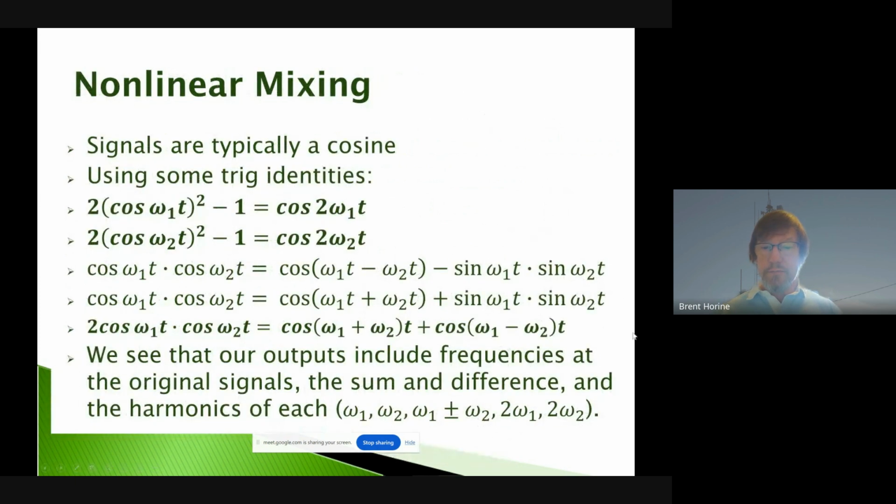So this is important because this is how we can get different frequencies, right? So omega 1 could be our modulating signal, or our baseband signal, let's say. And then omega 2 could be our carrier, right? So we can take a 20 megahertz wide, low pass cell phone signal, a 5G signal, and then we can move it to this frequency where omega 2 might be 2 gigahertz, 2.5 gigahertz, or something like that.